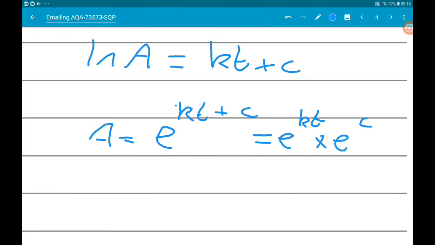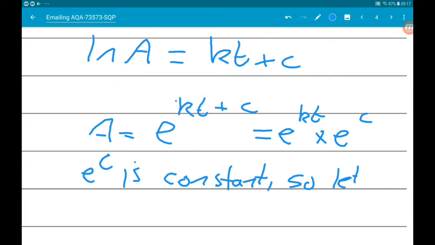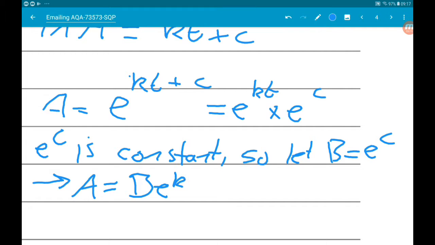Now e to the c is just a constant. So let B equal e to the c, and then A is indeed B e to the kt. Cool.